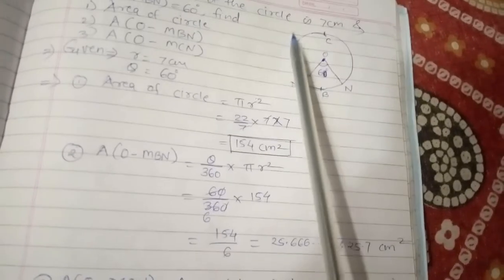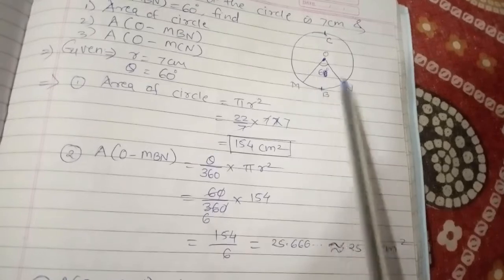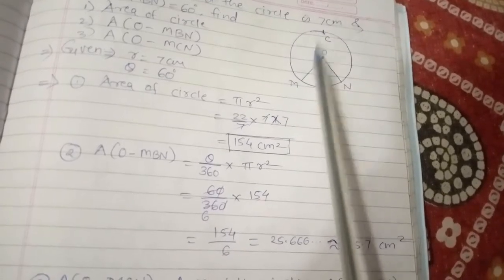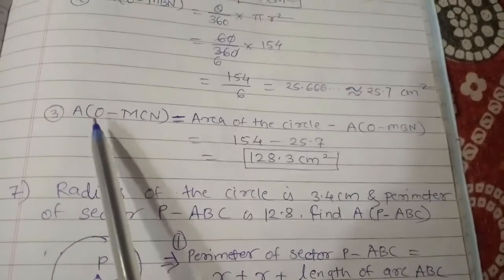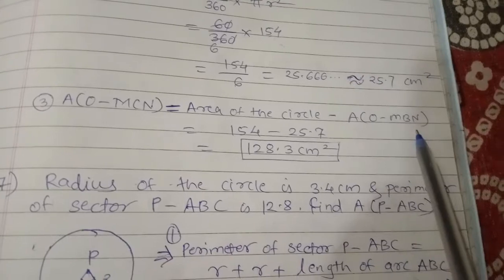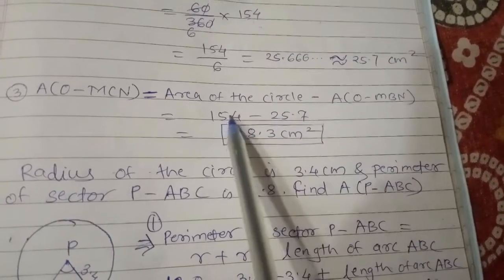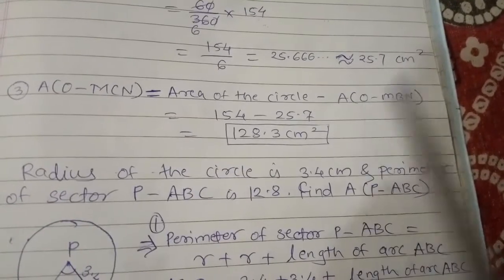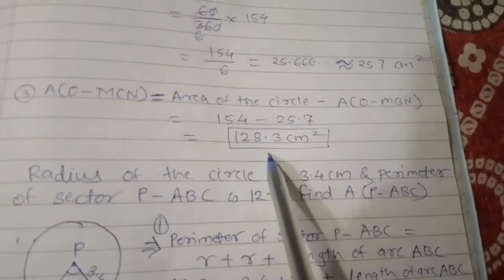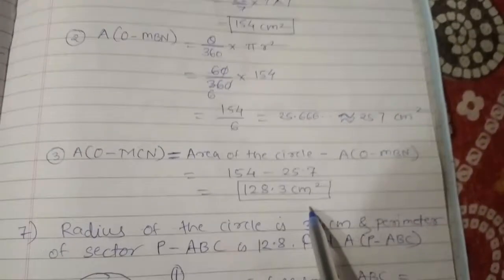By subtracting the area of the minor sector from the area of the circle, you will get the area of the major sector. So the formula is: area of O dash MCN, that is the major sector, is equal to area of circle minus area of minor sector. So 154 minus 25.7. By taking subtraction we get 128.3 centimeter square.